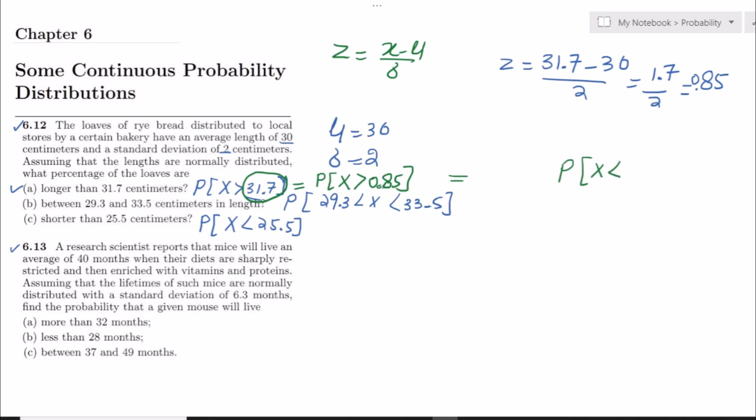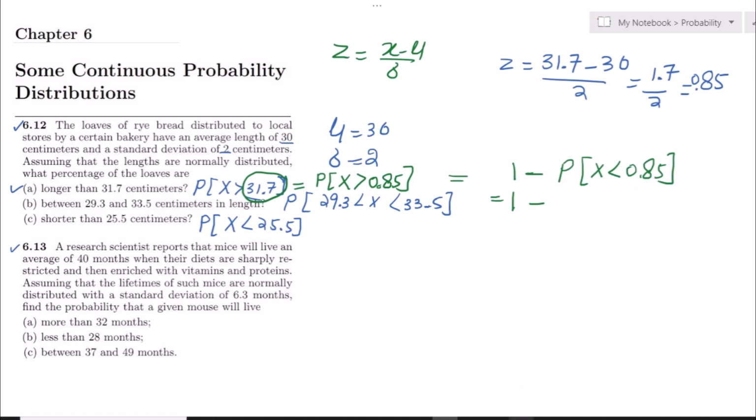So if you want to find the value greater than it, we have to find the probability that Z is less than 0.85 and subtract it from 1. So it would be 1 minus the probability that Z is less than 0.85.